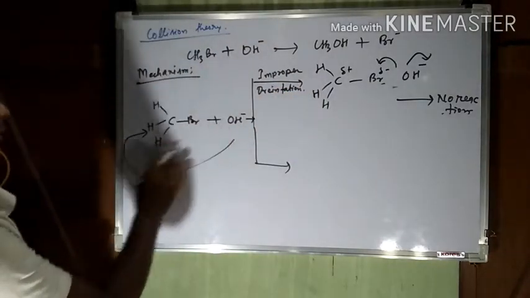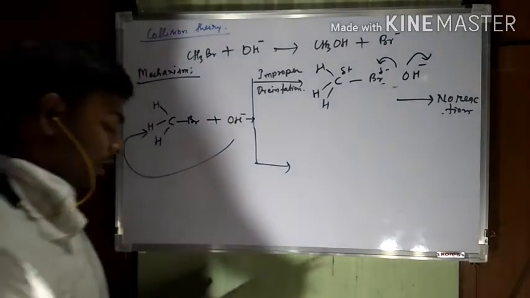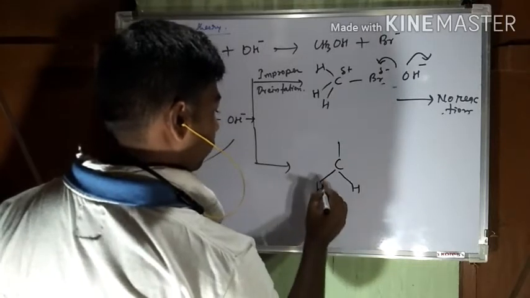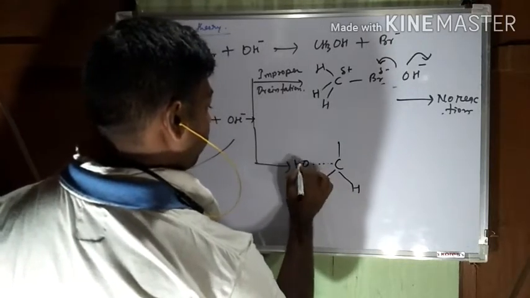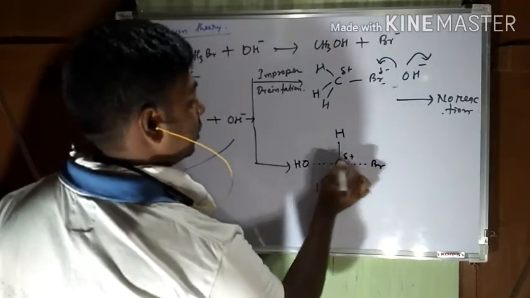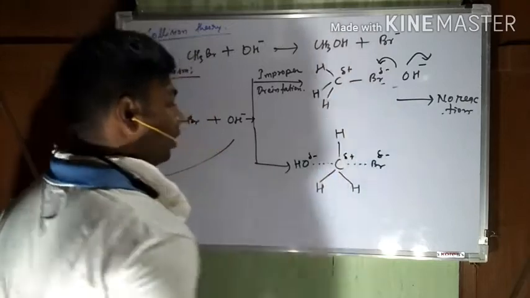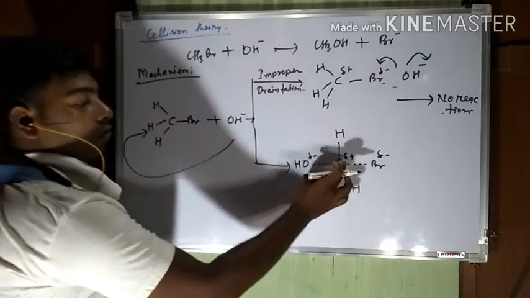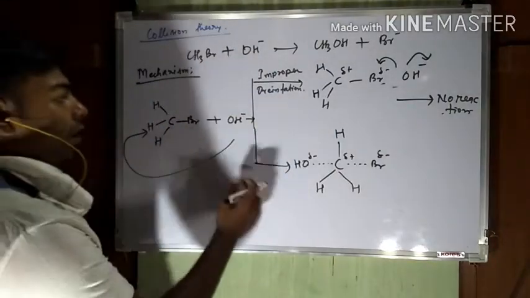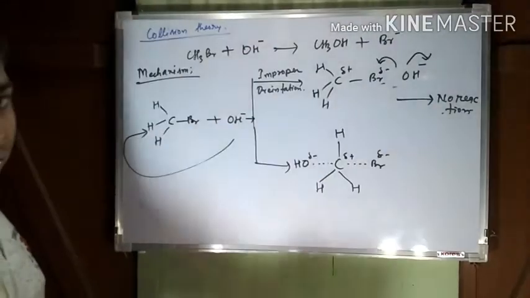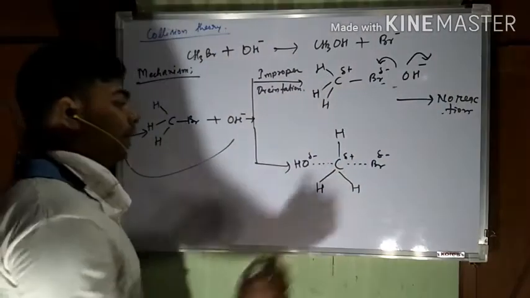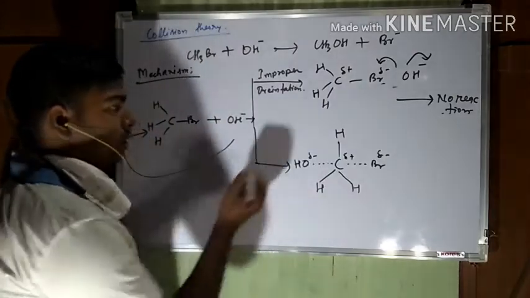If OH negative comes from the other way, then the orientation is, suppose, this hydrogen this way. The middle one is partially positive, and both these two are partially negative. This orientation is a proper orientation, and it results in new chemical bond making and breaking.